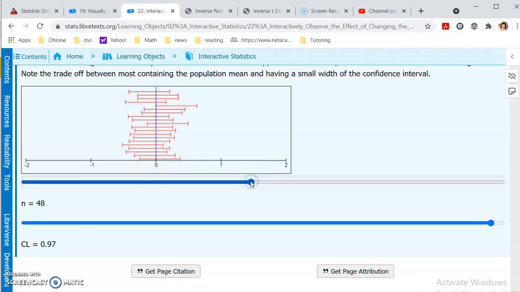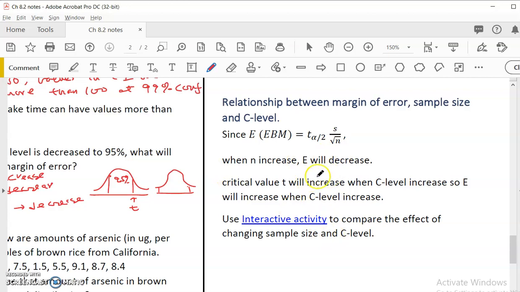So you can see that your population mean is almost in all of the intervals, right? But if you change it to smaller, like 90, all of a sudden you can see that this interval doesn't have the mean. This one almost missed the mean. And if you make them smaller, then there is more chance that you collect an interval that actually does not cover the mean. Okay, so we can play around with this in class to look at how they affect each other.